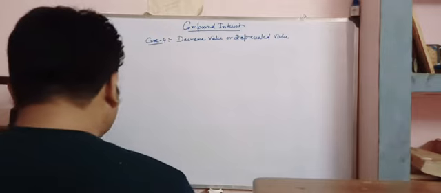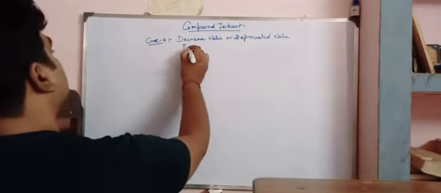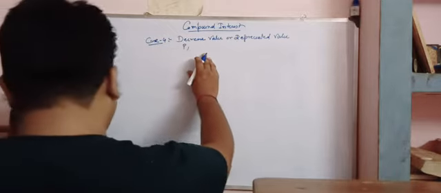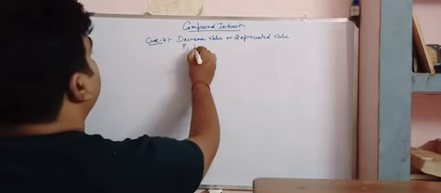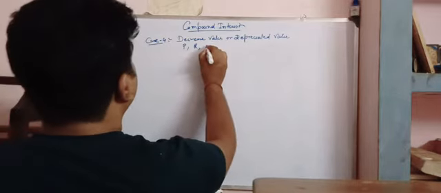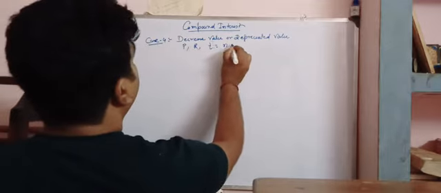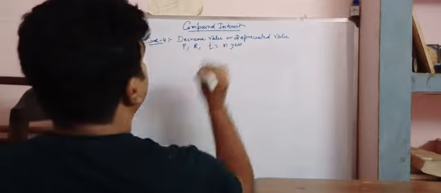For this case, what should be my compound interest? Let P be my principal, R is my rate, and time is N years. Suppose we take the time as N years.